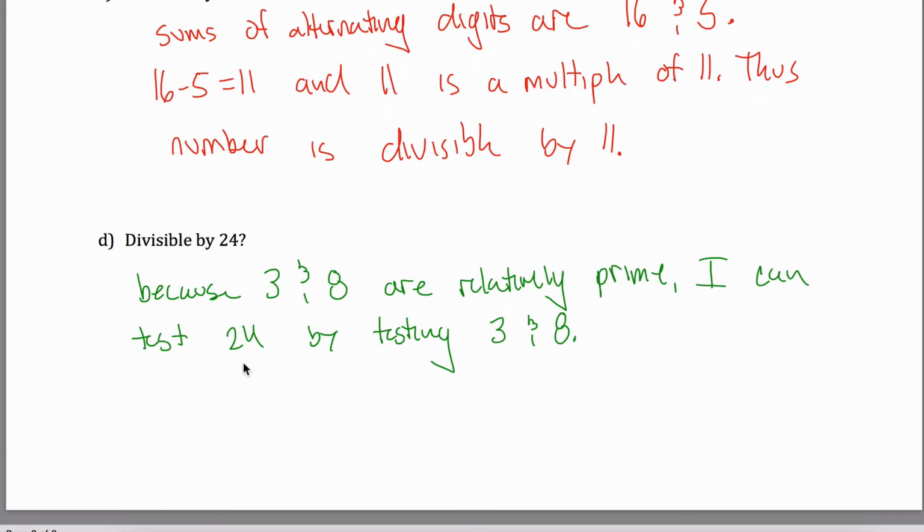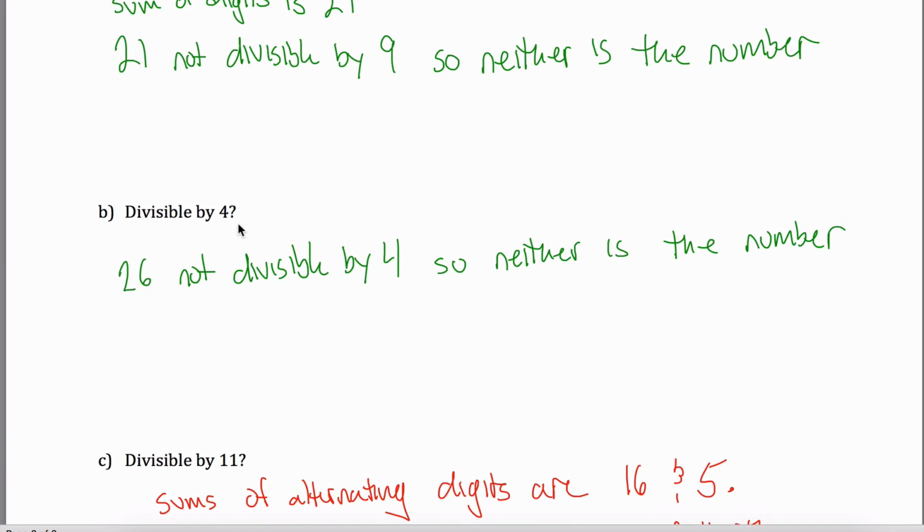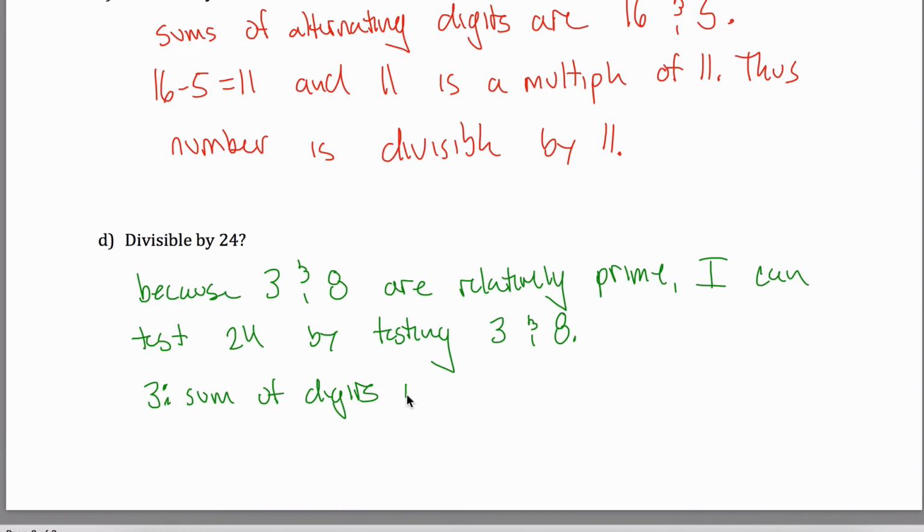So first let's test for 3. Sum of the digits was, we already did that, was 21. Sum of digits is 21. 3 divides 21. So 3 divides the number.